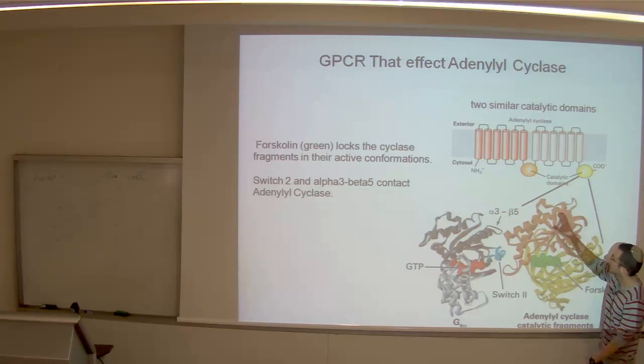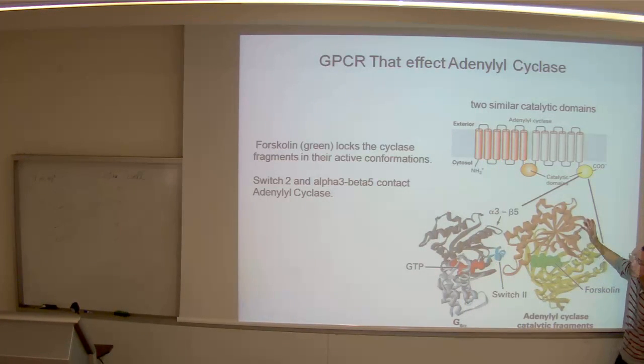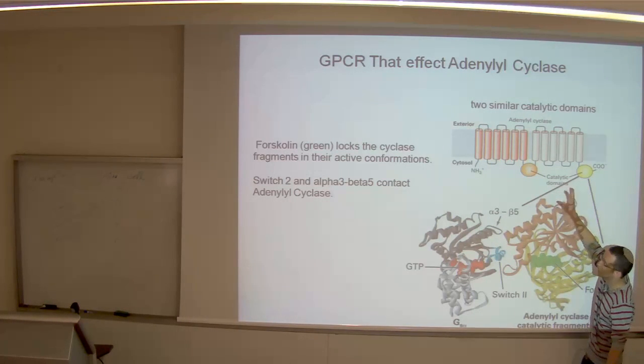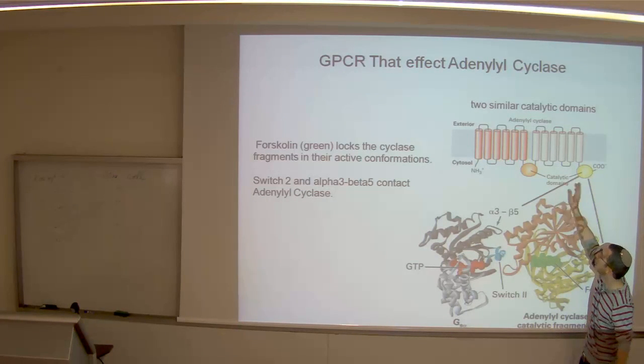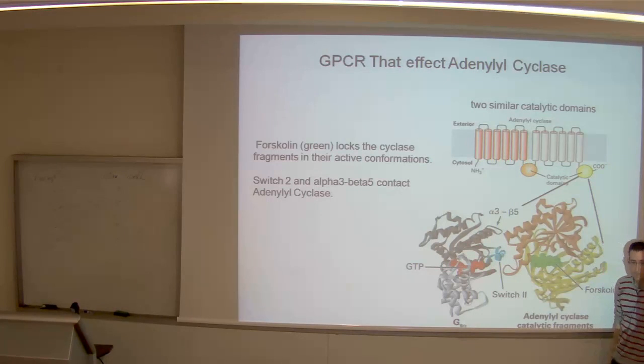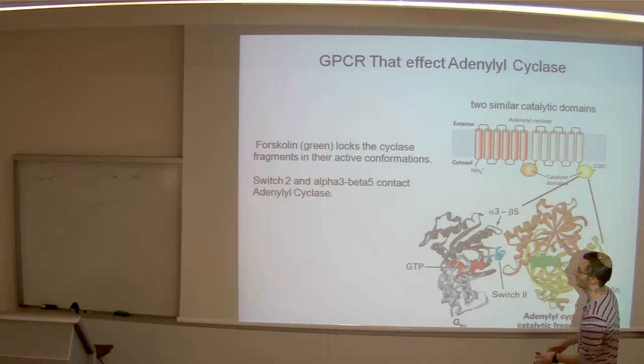Also here, first of all, the protein was not crystallized as a full protein, but only the two catalytic subunits were crystallized. And it was enabled thanks to a substance called forskolin that sits right here and glues these two subunits together, which enabled researchers to clusterize, to make a crystal out of it, and then get its specific structure.